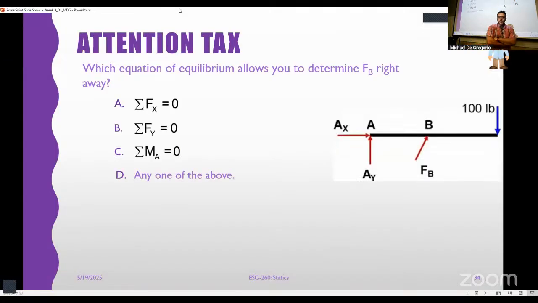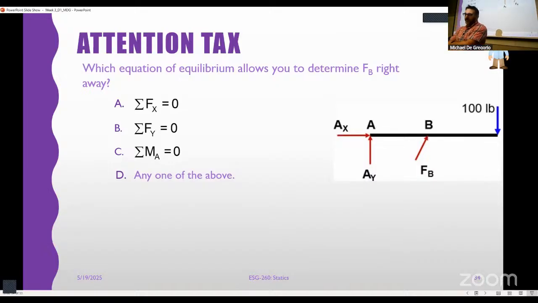All right. Which equation of equilibrium allows you to determine FB right away? Sum of the forces X, sum of the forces Y, sum of the moments at A, or any one of the above.